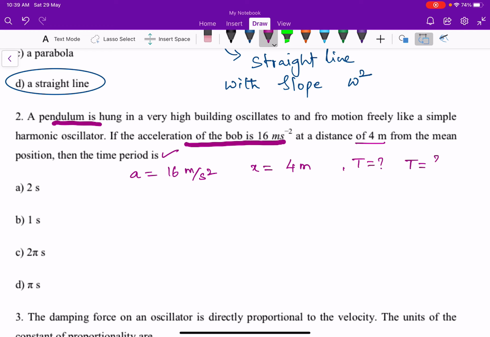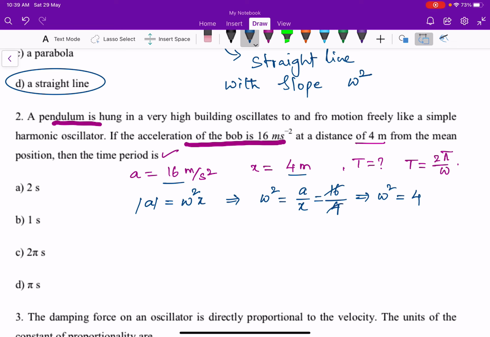We know T equals 2 pi by omega, and the magnitude of acceleration a equals omega square into x. Therefore omega square equals a by x, which is 16 by 4, that is 4. So omega is root 4, that is 2 radians per second.